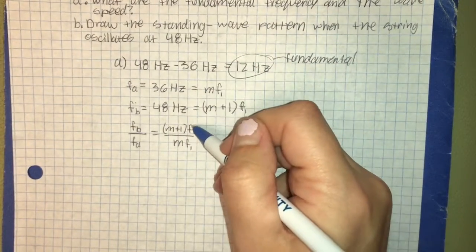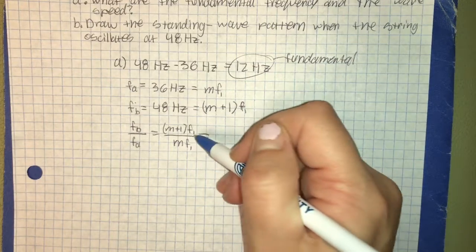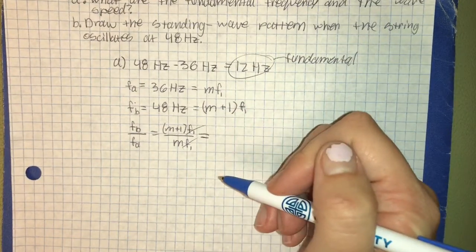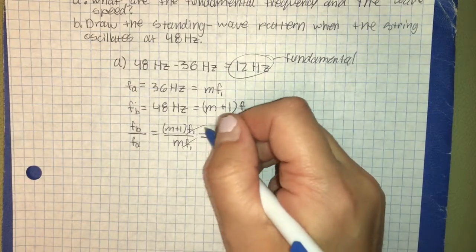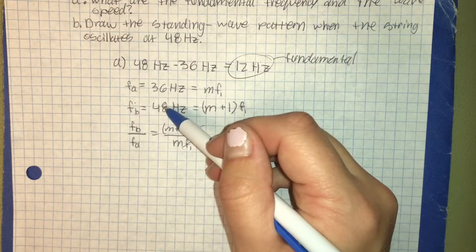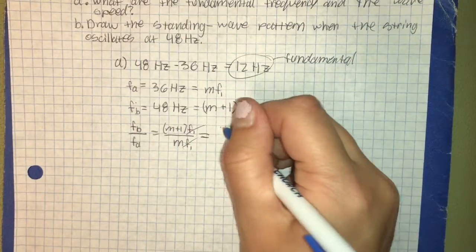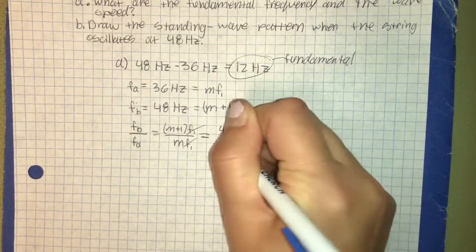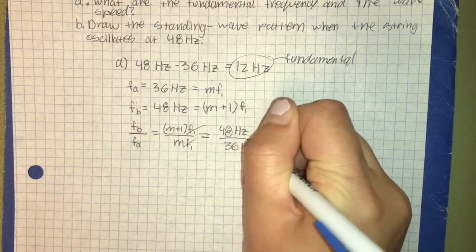And since we have the same variable in the numerator as in the denominator, we could cancel those out. And then relating these back to their values, we know that we have 48 Hz over 36 Hz.